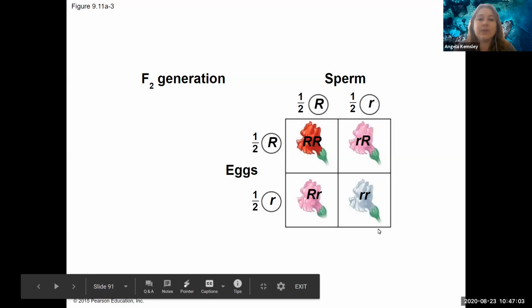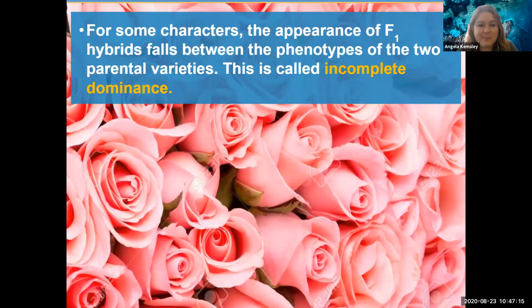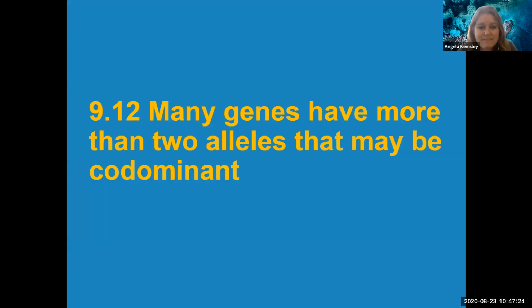So in incomplete dominance, any heterozygotes are going to be some kind of phenotype in between the dominant and the recessive phenotype. So for some characters, the appearance of F1 hybrids falls between the phenotypes. Again, this is called incomplete dominance.